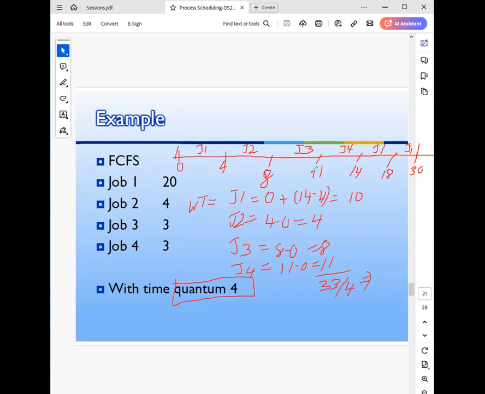It again requires 3. So 11 to 14, 3 milliseconds given. After J4 completes, jobs 2, 3, 4 are all complete, and job 1 is given the rest of the time, 4 by 4 each. So that's all, right? Hope you understood this concept.